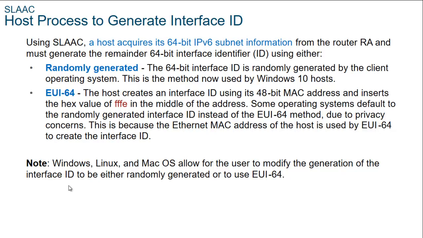In EUI-64, on the other hand, the host creates an interface ID using its 48-bit MAC address and inserting the hex value of FFFE in the middle of the address. Some operating systems default to the randomly generated interface ID instead of the EUI-64 method due to privacy concerns. This is because the Ethernet MAC address of the host is used by EUI-64 to create the interface ID.